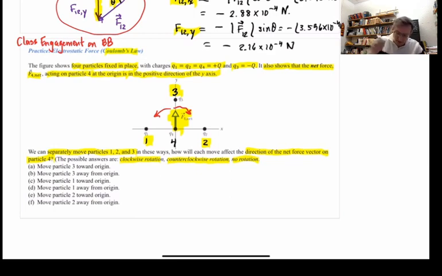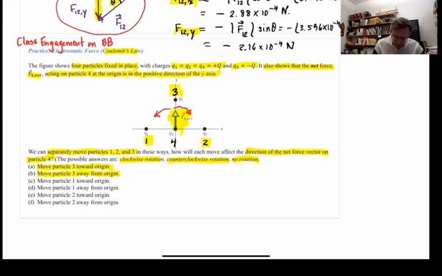And then here are the 6 cases, A through F. In case A, all you do is move particle 3 closer to the origin. That's all you do. How is F4 net affected? Case B, move particle 3 away from the origin. How is F4 net affected?